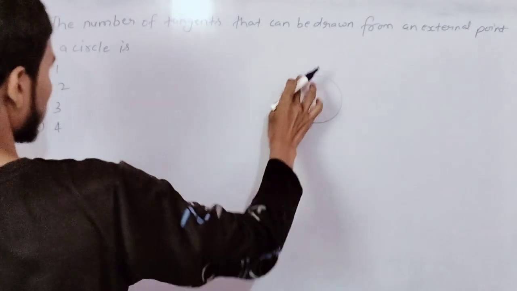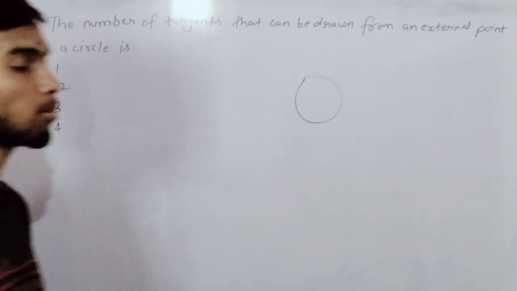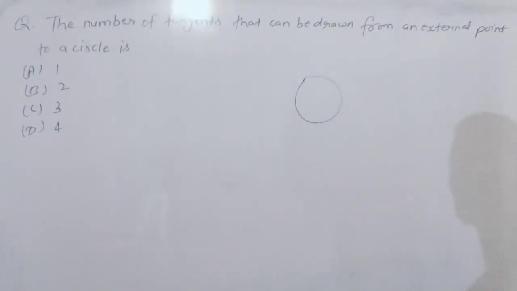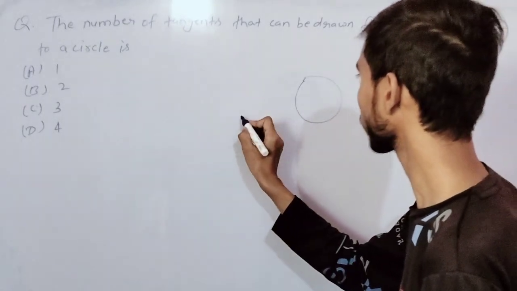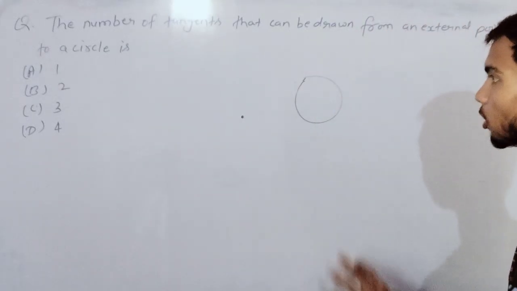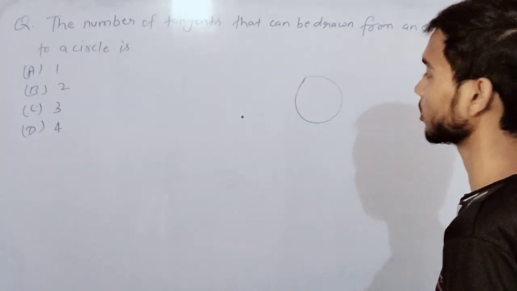Now here, this is a competition question. The number of tangents that can be drawn from an external point of the circle. So this is a circle. From the external point, how many tangent lines can be drawn to this circle?